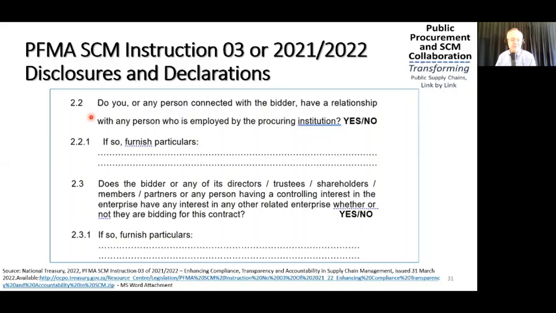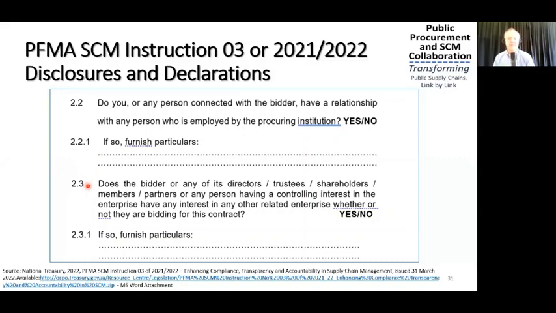This was related to person employed by the procuring institution who may be involved in the evaluation or adjudication of the bid. Now you've got to say anyone that you know that you are connected with that is employed by that procuring institution, and if so, furnish particulars. I'm still not sure what the implication of this is going to be in the evaluation process.